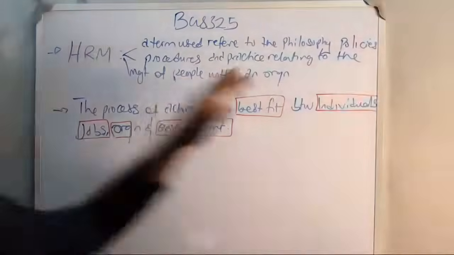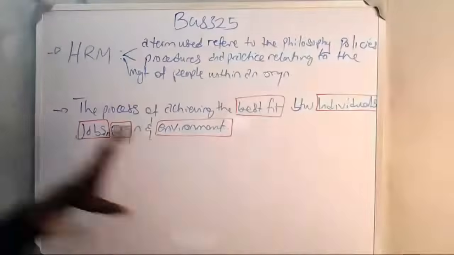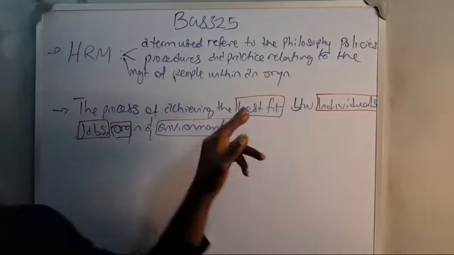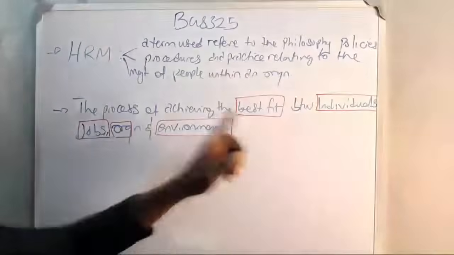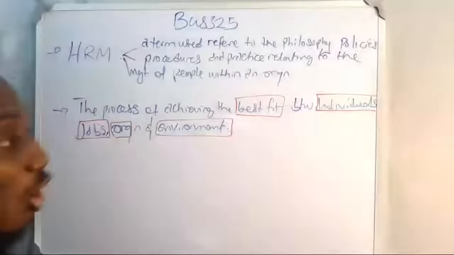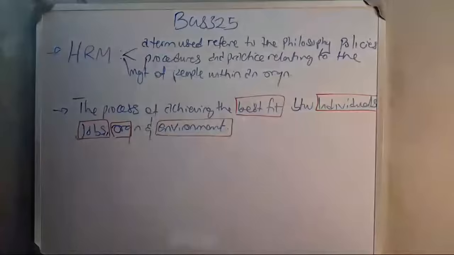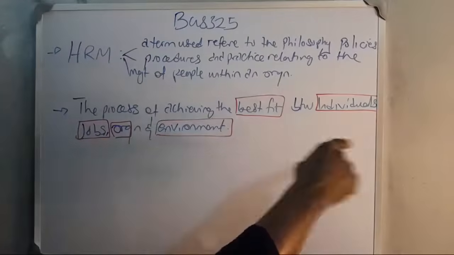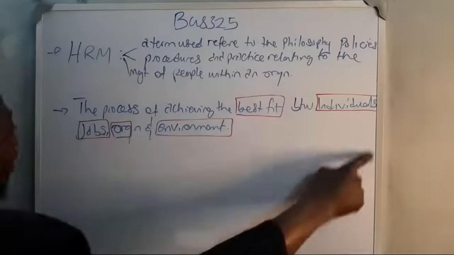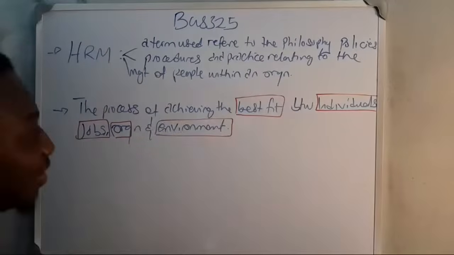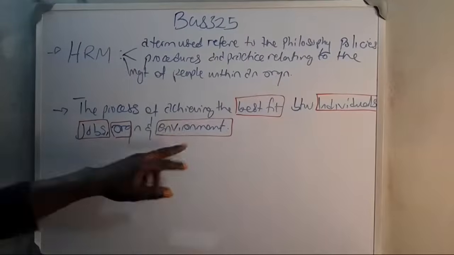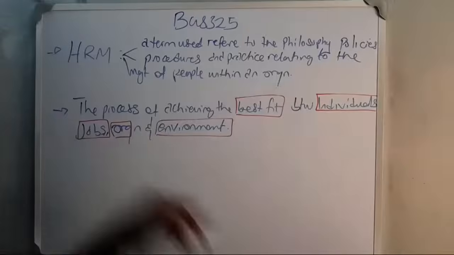So we are still talking about human resource management now. And another approach to human resource management is the process of achieving the best fits, what will work not just for the organization, the individual, the organization is going to need to achieve its goal, a job that will be provided that will not affect the organization and it will benefit the individual and also the environment and the organization.